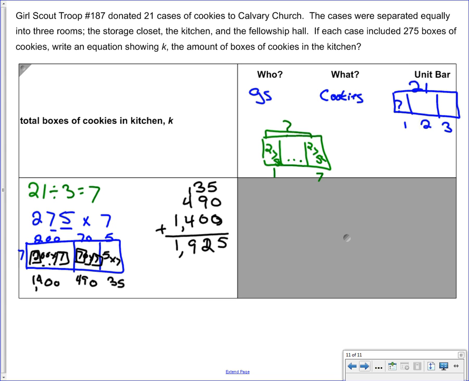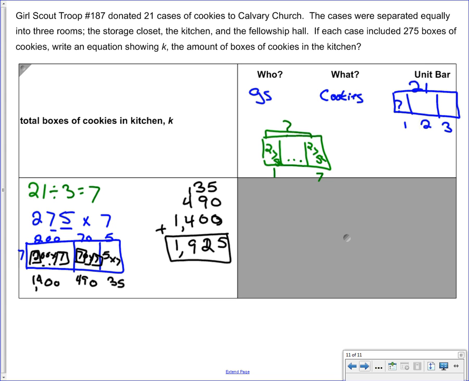Okay. We have 490. We have 1,400. Guys, I have a number written on my notes here. It didn't match up with what I have here. So I'm a little concerned. Let's double check. That gives me a 5. 3 plus 9, 10, 11, 12. Write my 2, carry my 1. 4 plus 4 is 8, plus 1 is 9. 1. I'm going to go with 1,925. I don't see a mistake.